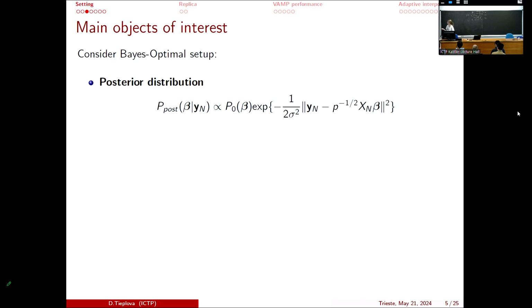And since the distribution of y conditionally on everything else is just the Gaussian noise, we can write this distribution as a Gaussian exponent, right?